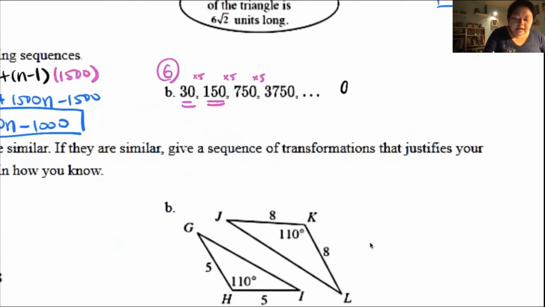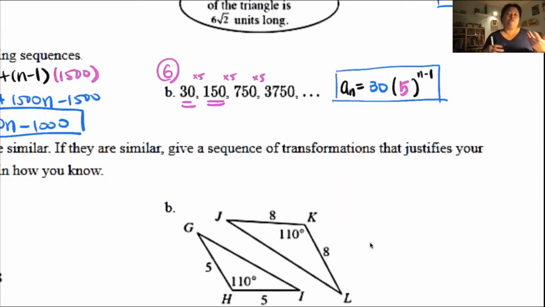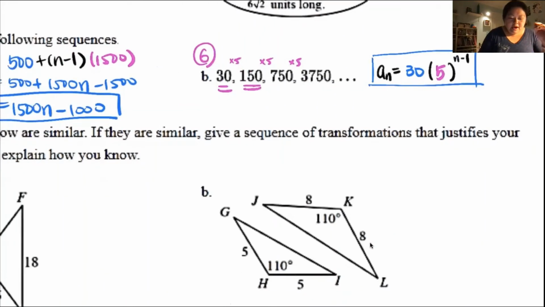The formula says a sub n equals your first number, 30, times your ratio, so the ratio is 5, and then to the n minus 1. Okay, all right, again, in the next level at Algebra 2, you will clean this up a little bit more, but right now, just for the sake of our review, we are not going to clean this up more. Okay, all right.